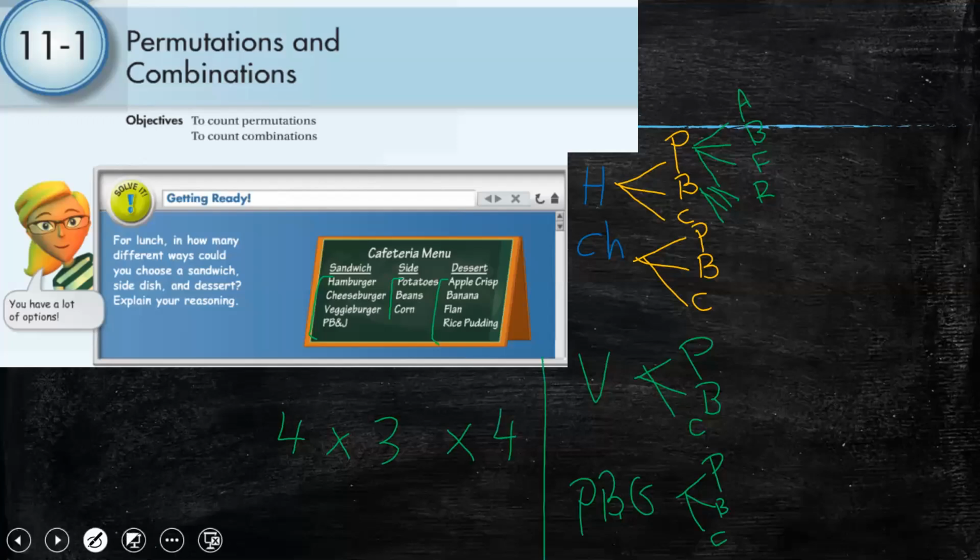Then 12 times 4 is 48. So we have 48 ways to choose your sandwich with side and dessert.